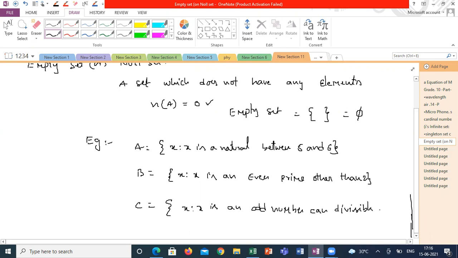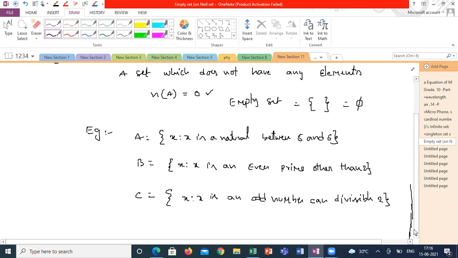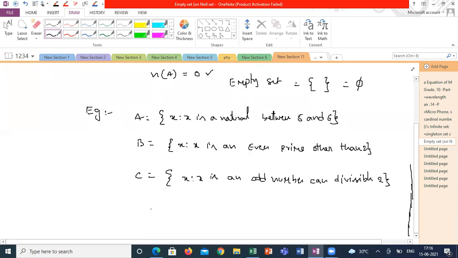Next one: x such that x is a natural number which is less than 1. X belongs to natural numbers where x is less than 1. There is no natural number which is less than 1, correct?